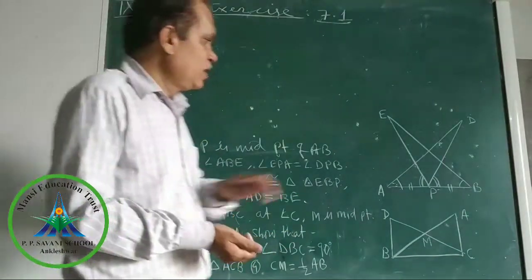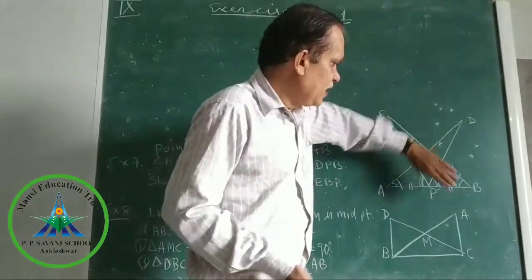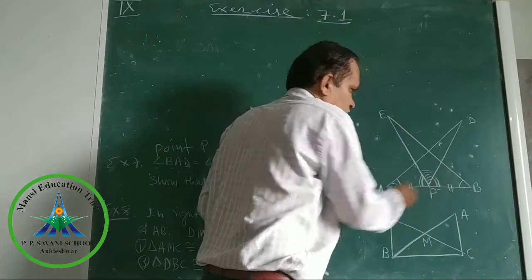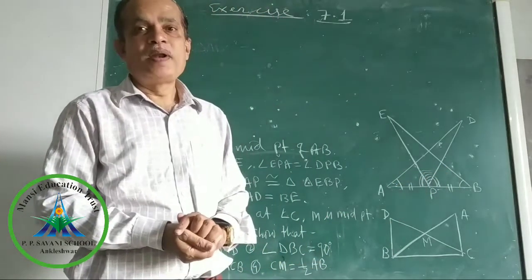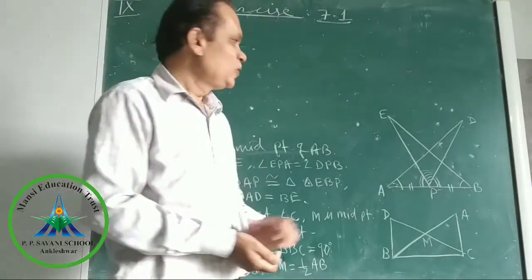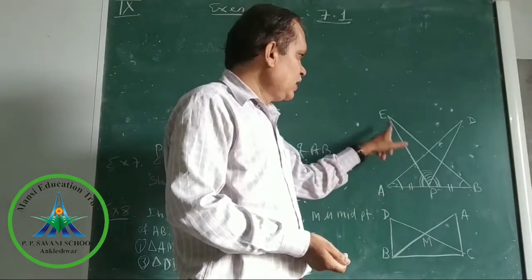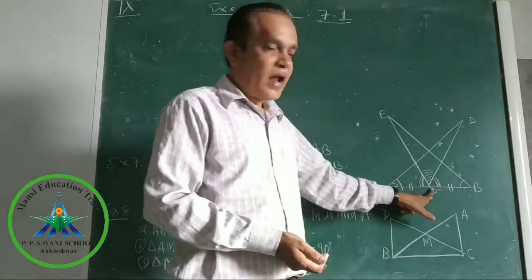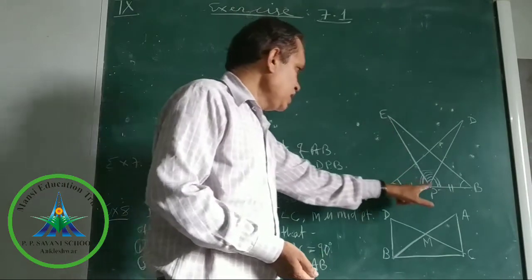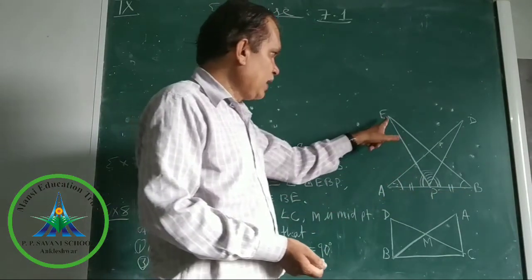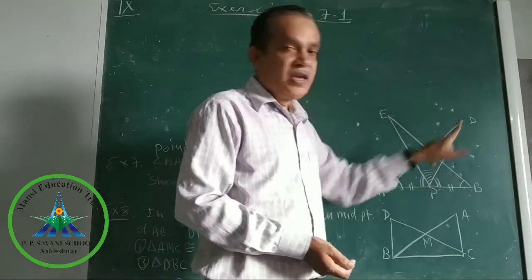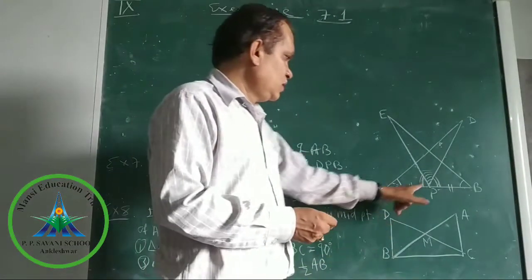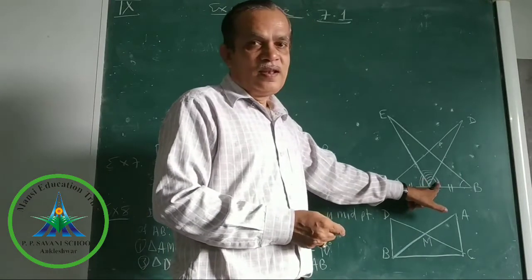And you will see in this triangle and in this triangle, this portion is common. So this angle is common. We can say in triangle DAP and triangle EBP, angle EPD is common. And so this angle equals this angle.